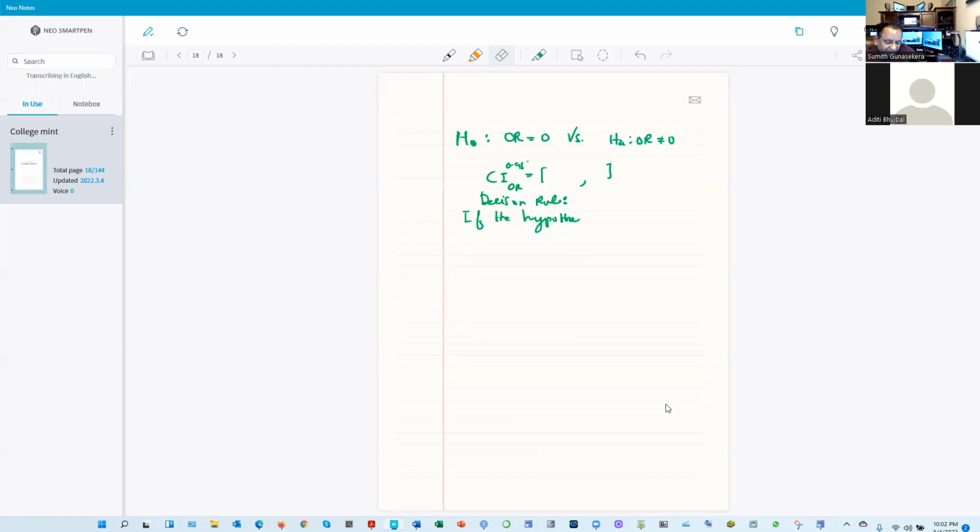The decision rule is: if the hypothesized OR, which is 0, is outside the confidence interval of OR, we then reject H naught. You check whether your hypothesized value is inside or outside. If outside, reject H naught and infer that the test is significant.